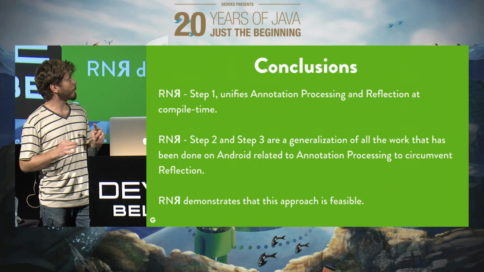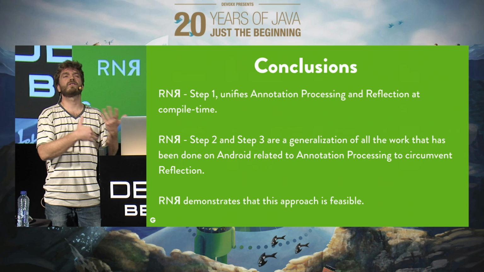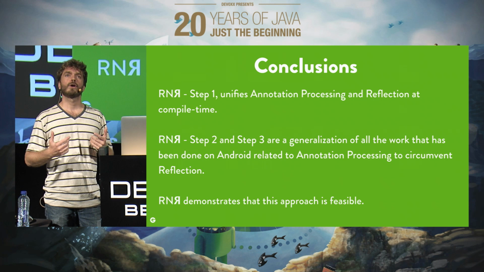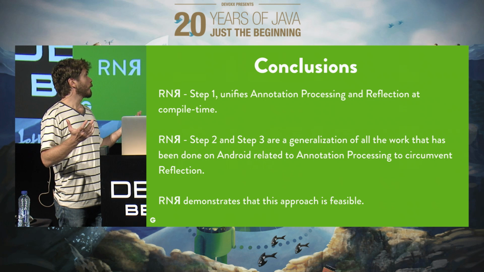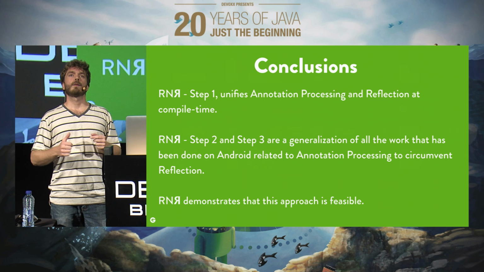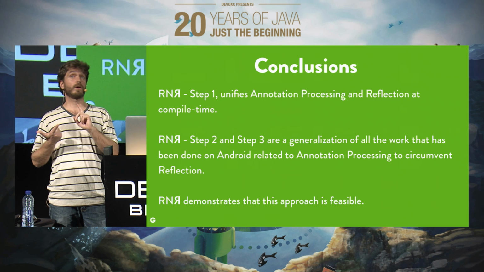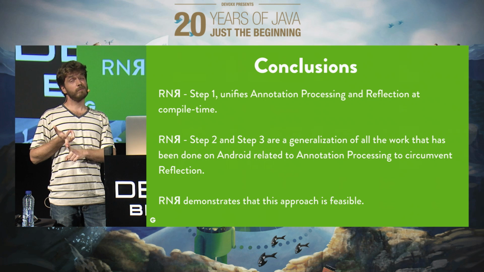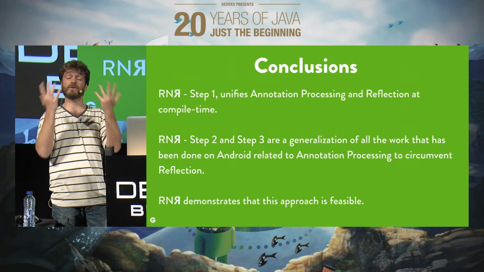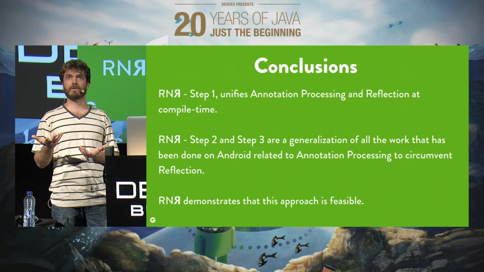Regarding step 2 and step 3, which is a generalization of all the work that has been done in Android using annotation processors, we think that we can circumvent reflection. It's possible, but it's going to add a lot of classes, a lot of generated code, and some quite tough steps inside the Java compiling step of your build.